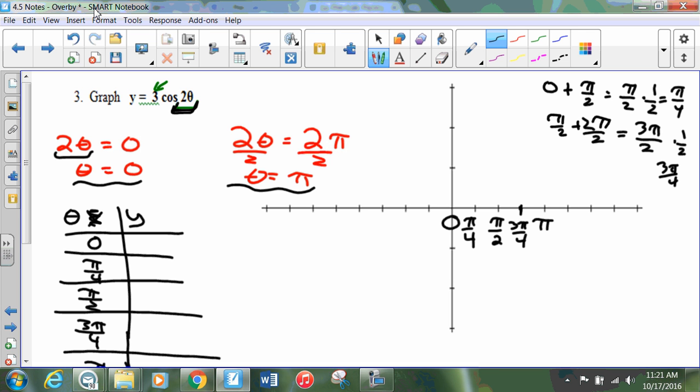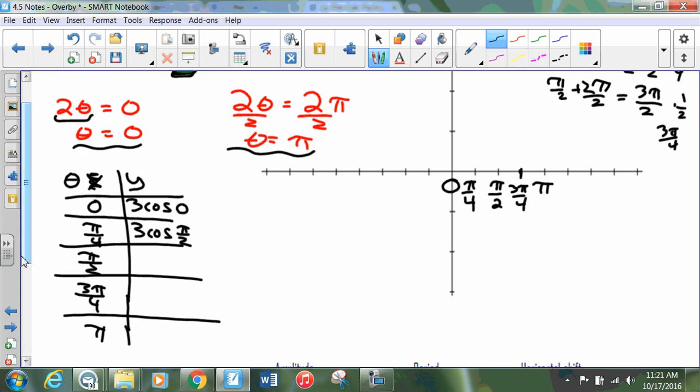I see 3 cosine 2 times theta, so that's 3 cosine. What's 2 times 0? 0, okay? I'm going to come back and we'll figure these out, but let's just go ahead and plug in each time. I see 3 cosine 2 theta, so I'm going to have 3 cosine. What's 2 times pi over 4? Pi over 2.